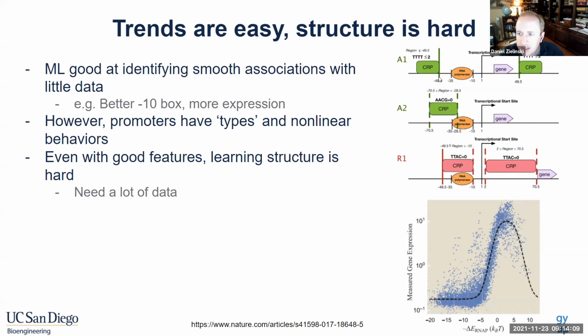So by types, I mean there are distinct classes of regulation that can occur. There's like a type 1 and a type 2 CRP activation, and there's like a repressor form, and these are distinct locations where these things bind, right? So it's not like a smooth gradient.